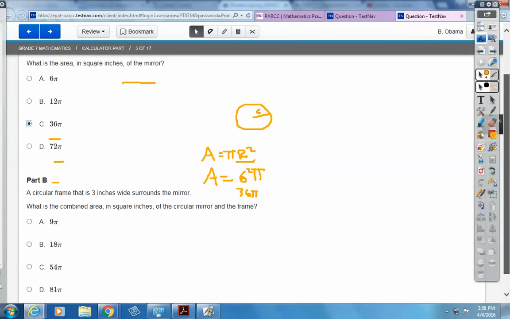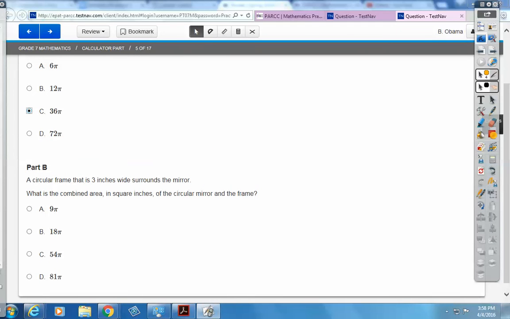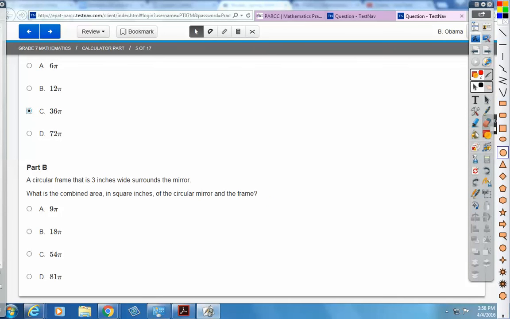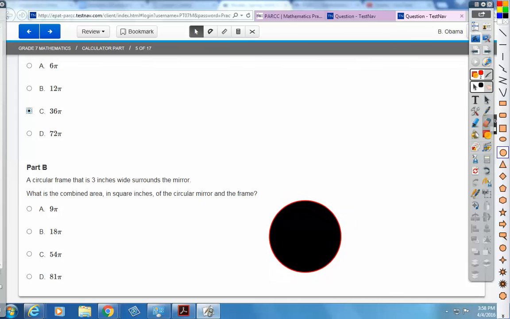All right. A circular frame that is 3 inches wide surrounds the mirror. What is the combined area? All right. Of the circular mirror and the frame. So now we have a black mirror.